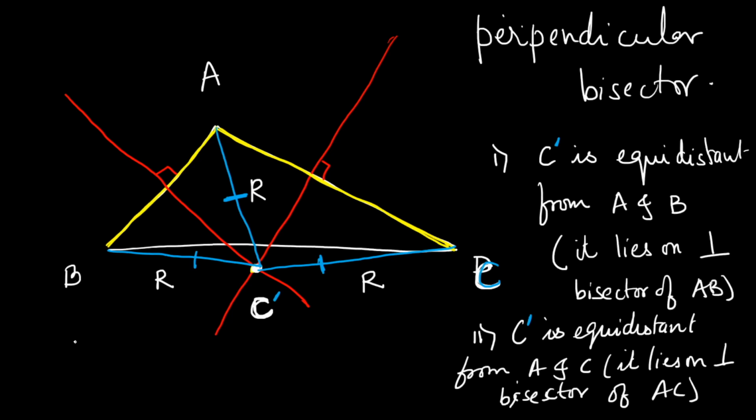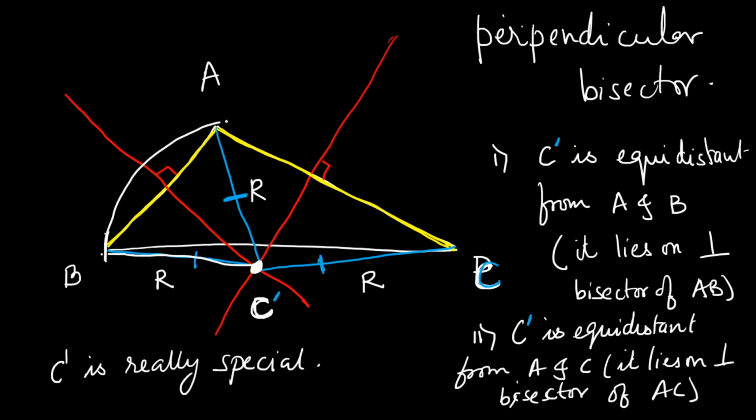And here it is, C dash is really special. Okay, if I put the sharp end of the compass at C dash and measure out the length R, measure out this length R and draw an arc, it won't be surprising that it passes through all the three points.